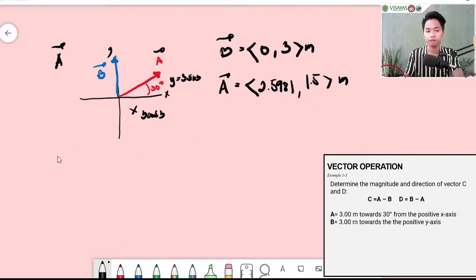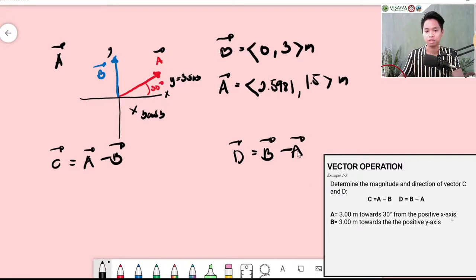Now, we are going to solve vector C. Your vector C, that would just be vector A minus vector B. Now, for vector D, that would be baliktad, B minus vector A. So when we perform algebraic vector operations, it's either subtraction or addition. The essential part would be expressing your vectors in component form.